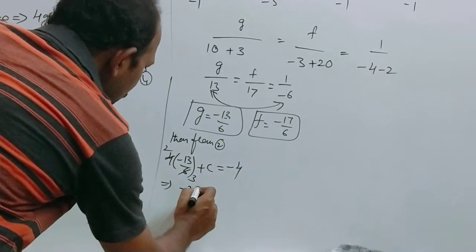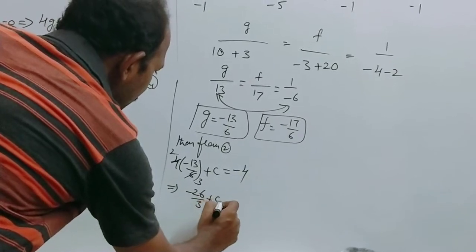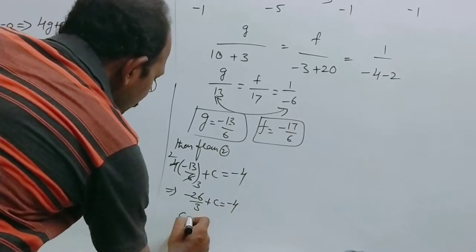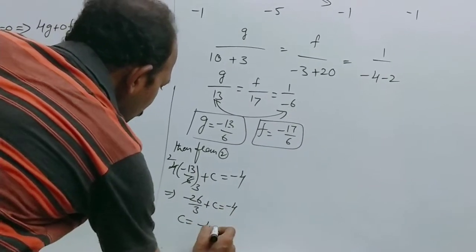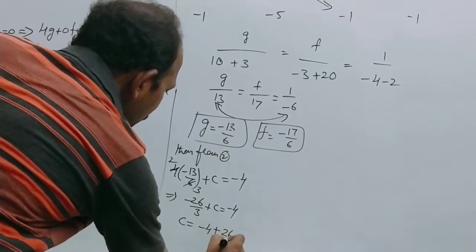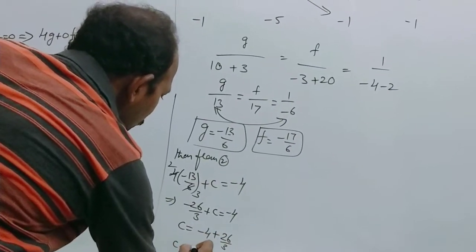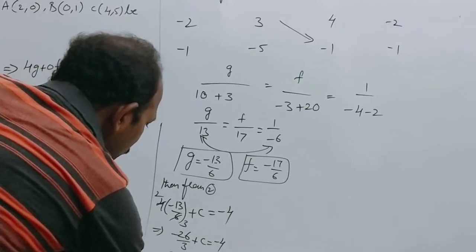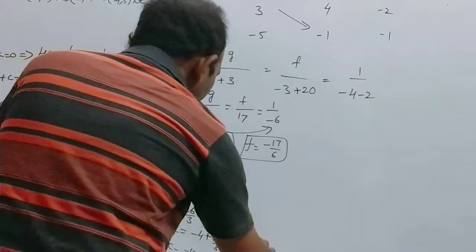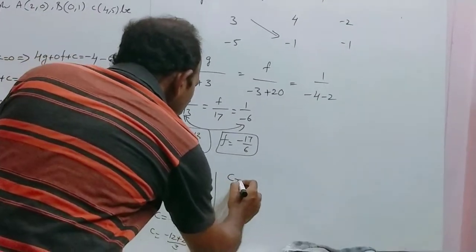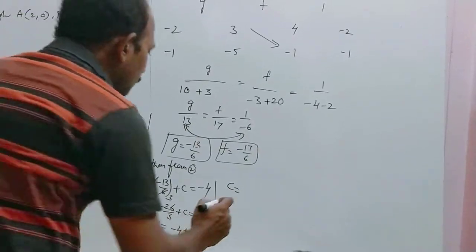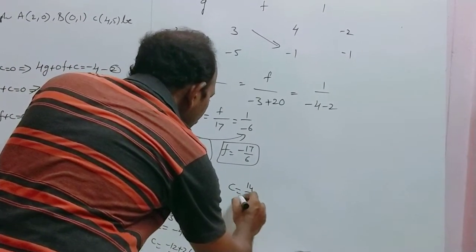Therefore, minus 26 by 3 plus C is equal to minus 4. Therefore, C is equal to minus 4 plus 26 by 3. Here C is equal to minus 12 plus 26 by 3. That implies C is equal to 26 minus 12, 14 by 3.